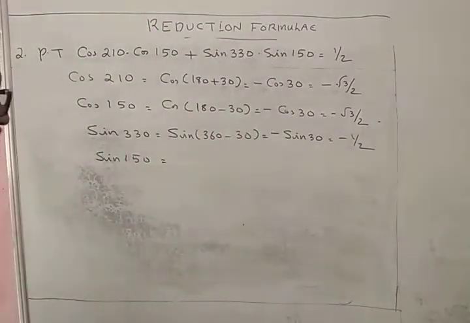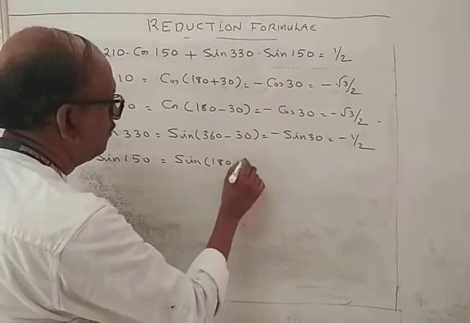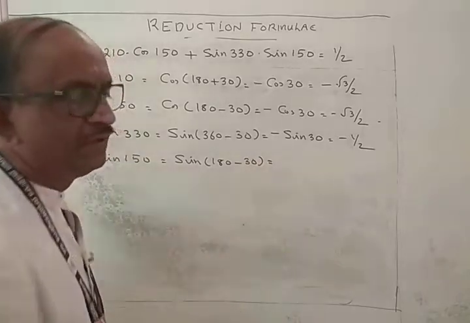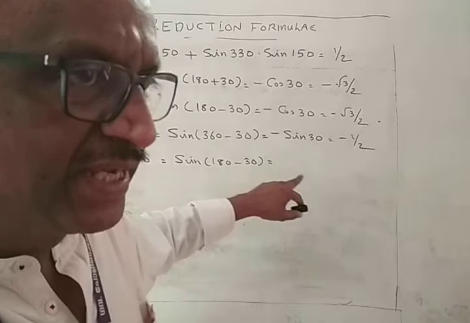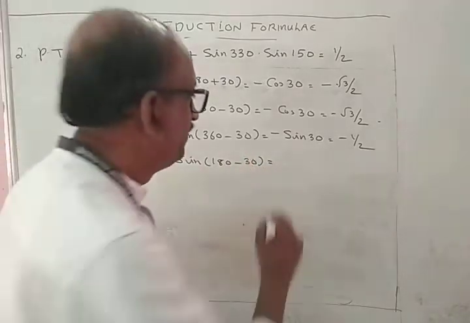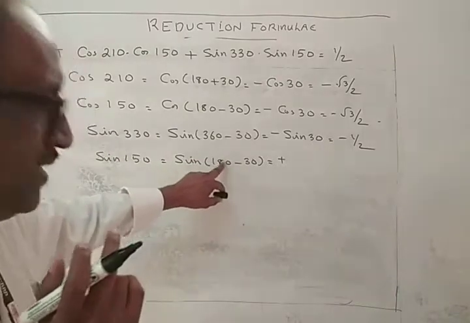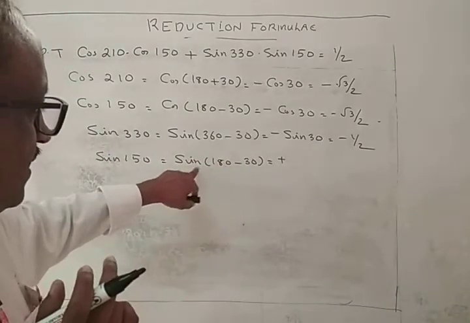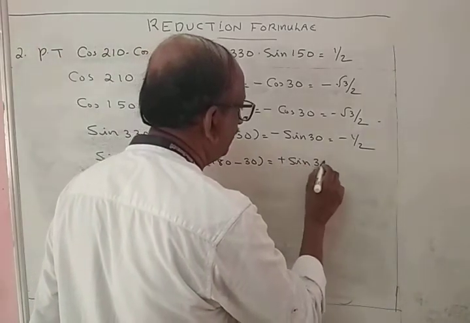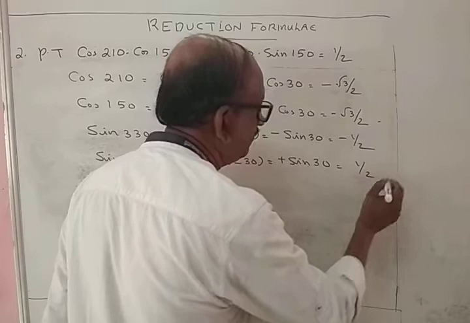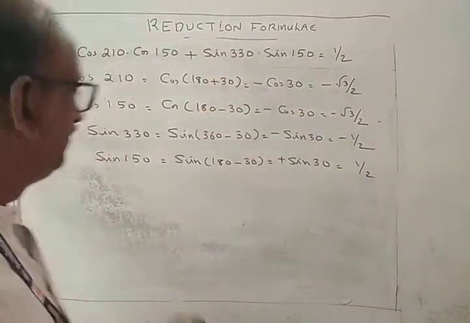Sine 150. 150 is the same as 180 minus 30. Quadrant is second. In the second quadrant, sine is positive. And since this angle is 180, the answer is sine 30. Sine 30 is 1 by 2. Then substitute these four values in the left hand side.